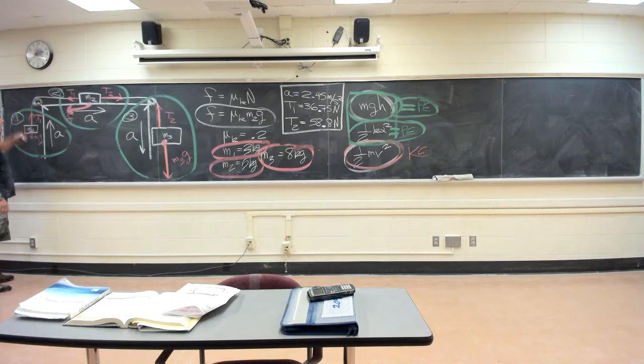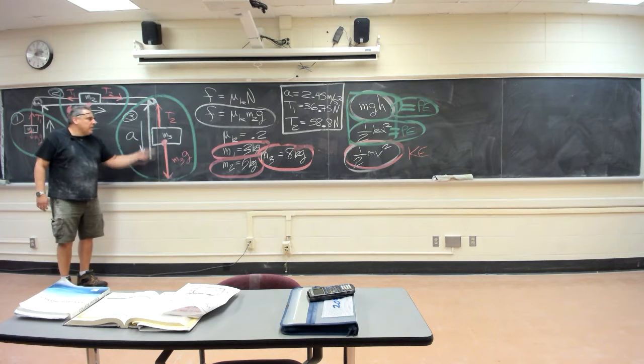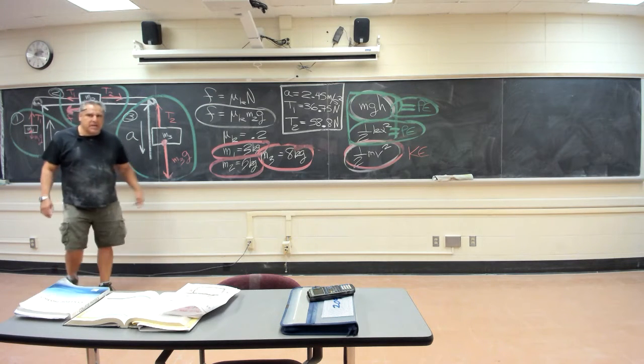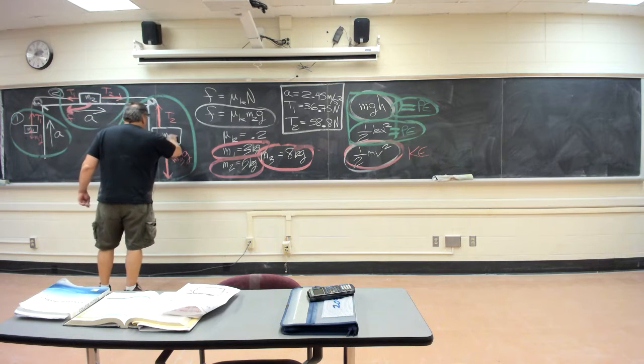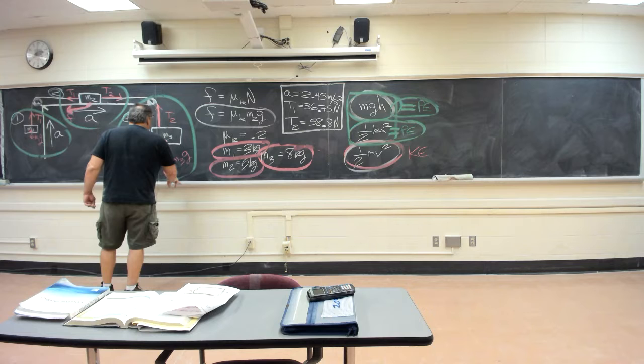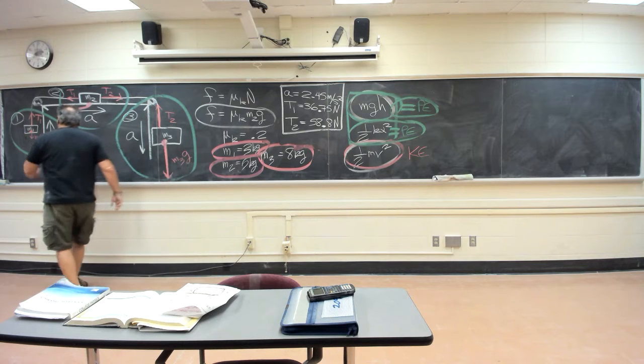When it climbs, this system is gaining potential energy that it did not have earlier. When this thing falls, it's losing potential energy that it once had. This thing was elevated higher, and it lost potential energy. This guy gained potential energy.